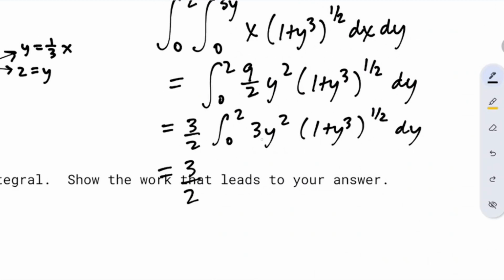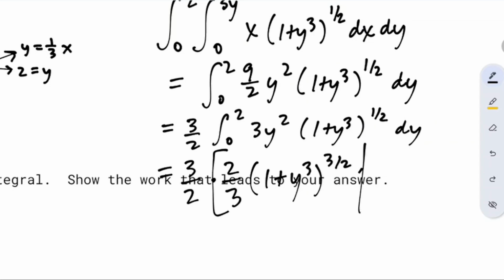So it's going to be 2/3 of the thing in parentheses to the 3/2.